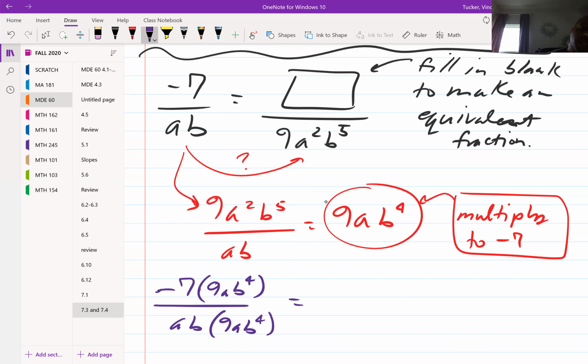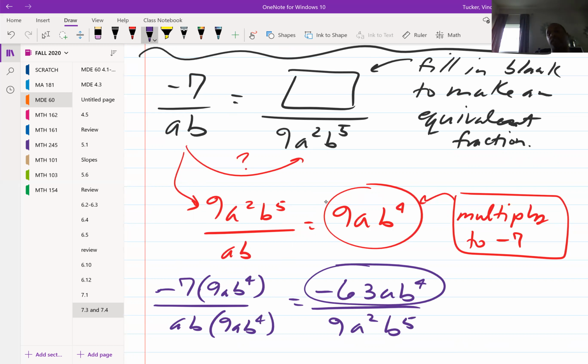So negative 7 times 9 is negative 63ab to the fourth. And then that'll be 9a squared b to the fifth. So this is what goes in that box: negative 63ab to the fourth.